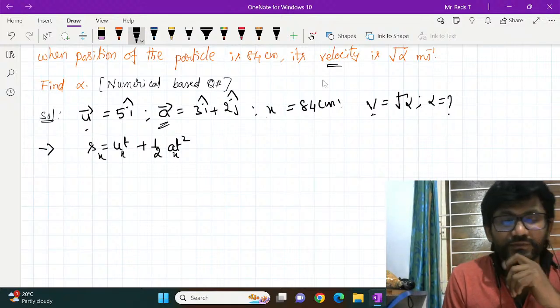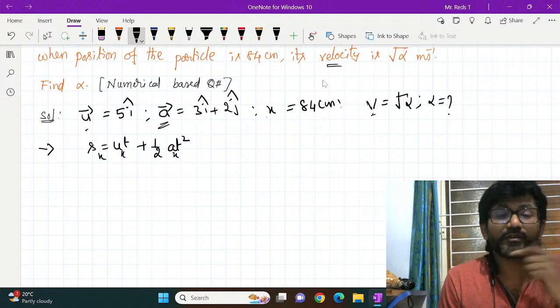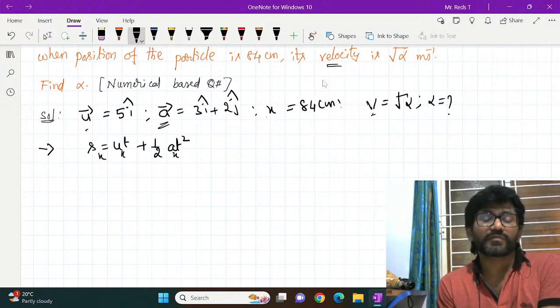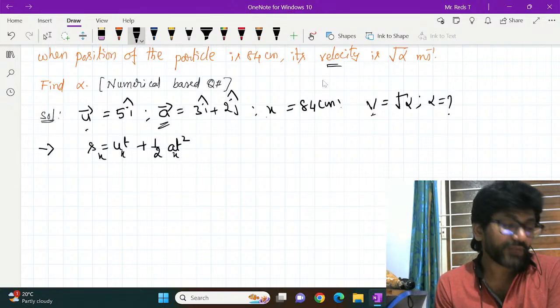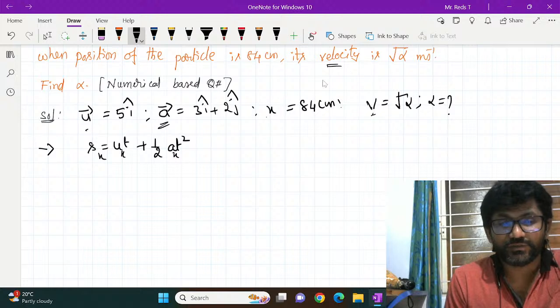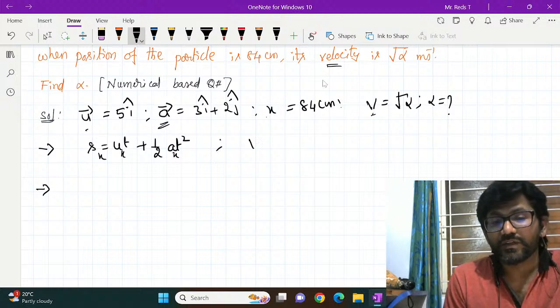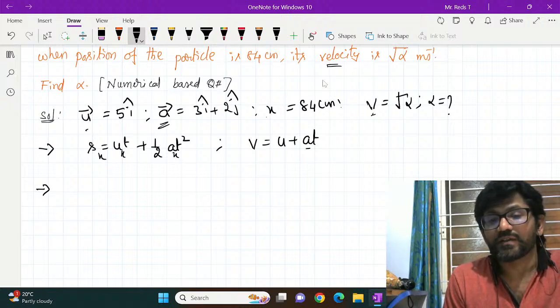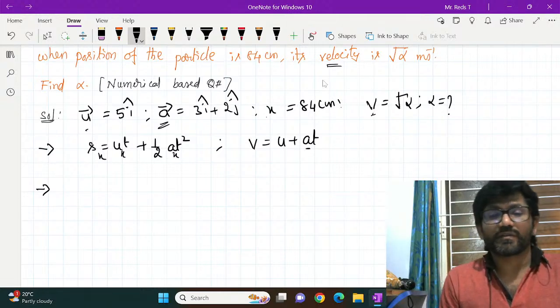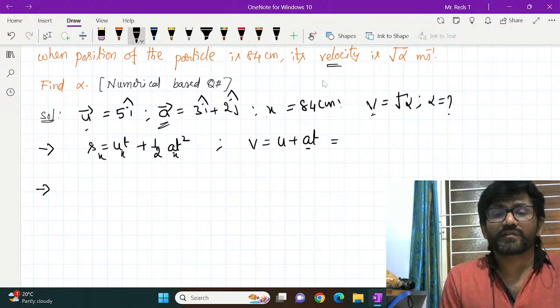How much time it takes to travel to a position of 84, you can find out by using this relation. If you find this, then you can use the equation v is equal to u plus at. As a is given, after that time with the initial velocity u, you can find out the final velocity very easily. This is what the question is.